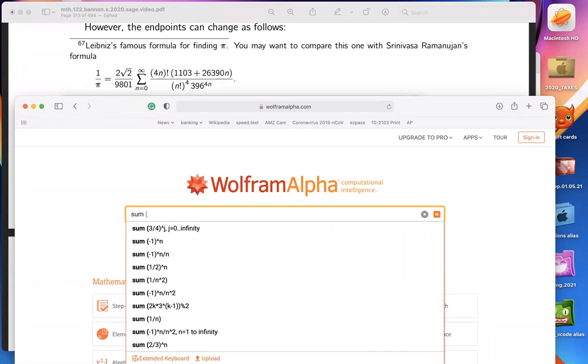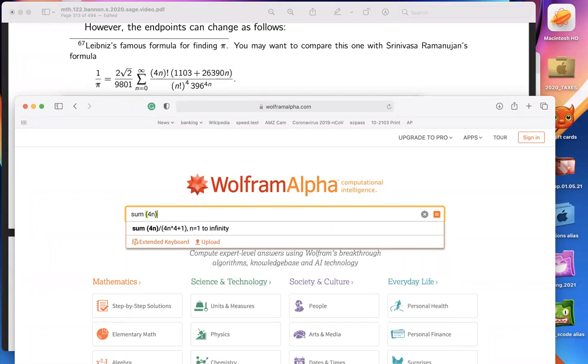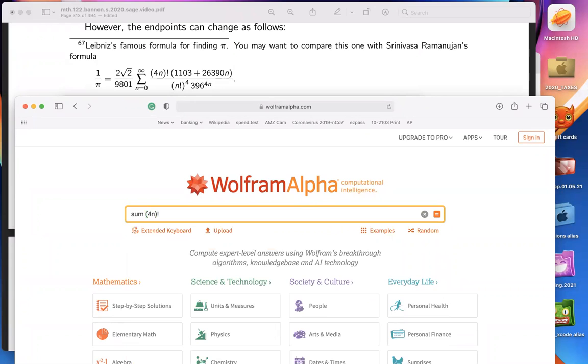Let's see. 4n factorial, 1103, 26390n, divided by n factorial. This is a lot easier to type, isn't it?